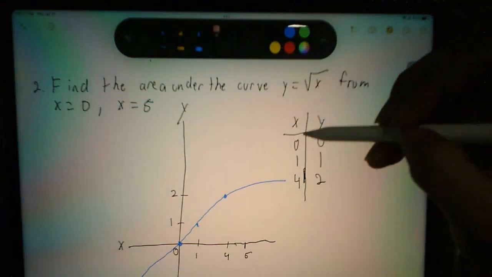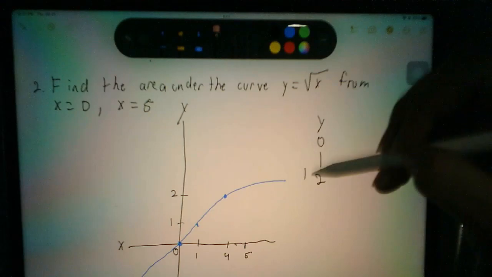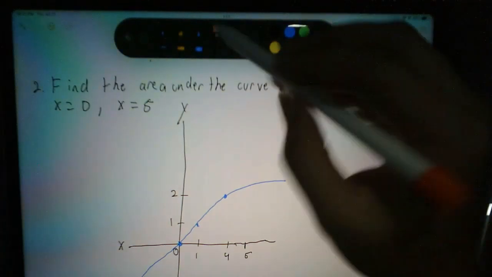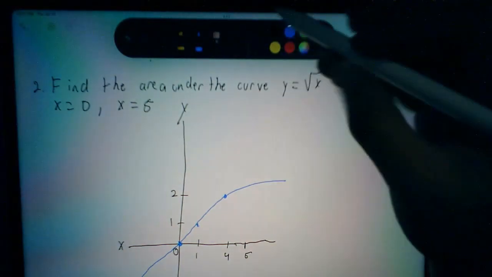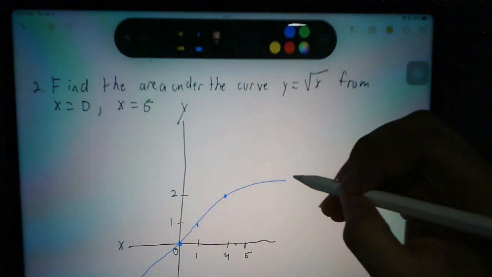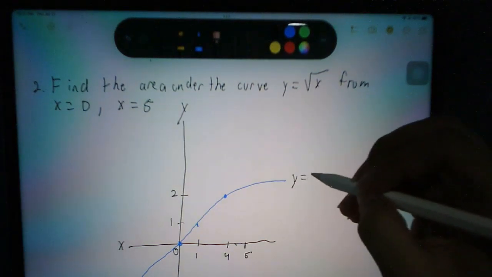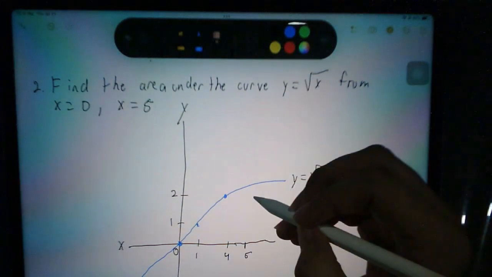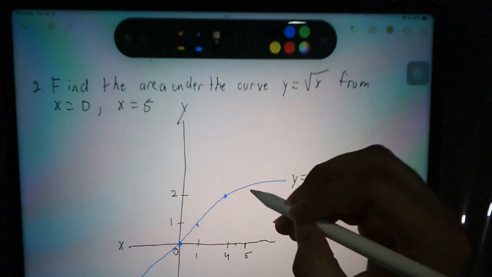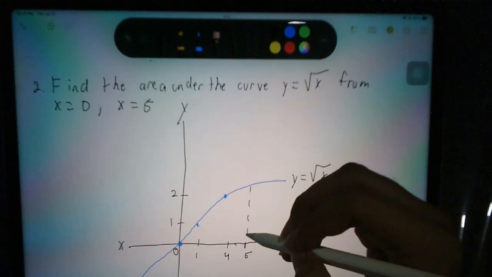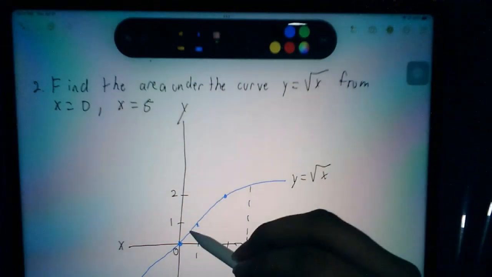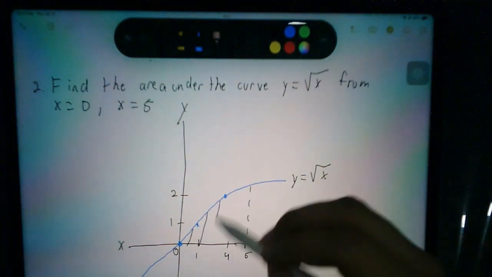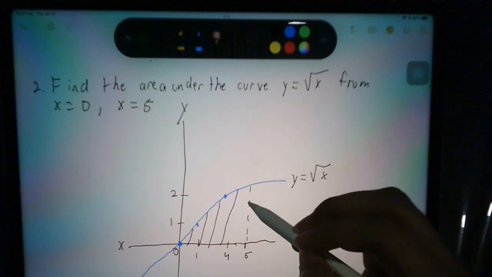So our line here is y equals square root of x, and this curve is bounded by points 0 to 5. So this is our area.